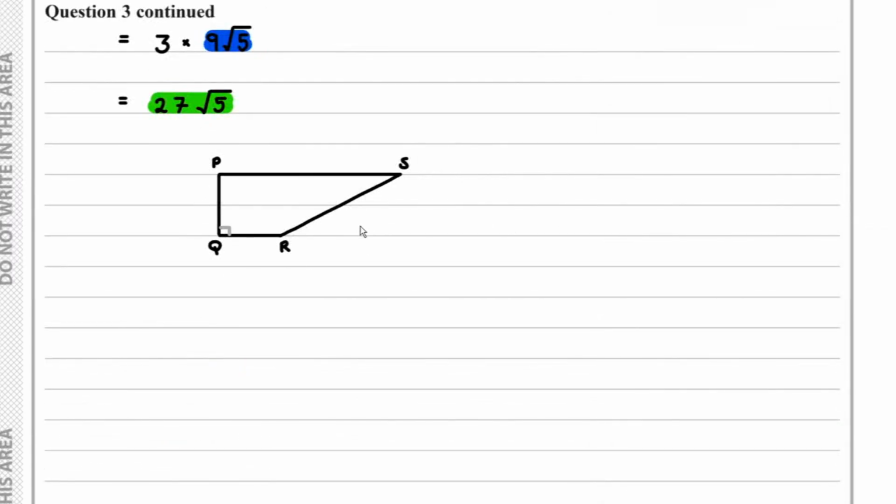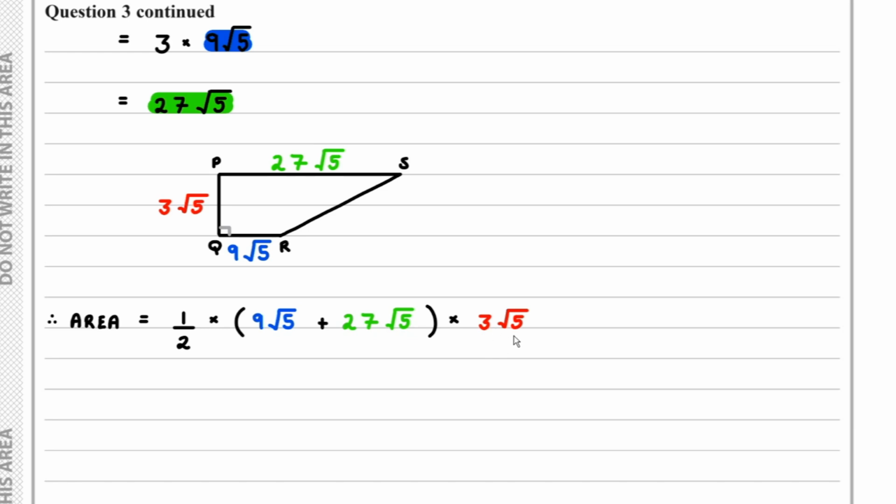Here we have the trapezium PQRS. Notice PQR is 90 degrees. We have PS, which is 27 root 5, PQ, which is 3 root 5, QR, which is 9 root 5. So to find the area of this trapezium, we have 1/2 multiplied by 9 root 5 plus 27 root 5 multiplied by 3 root 5.